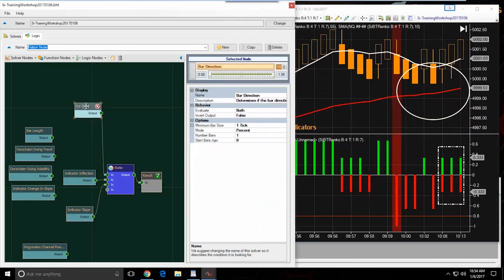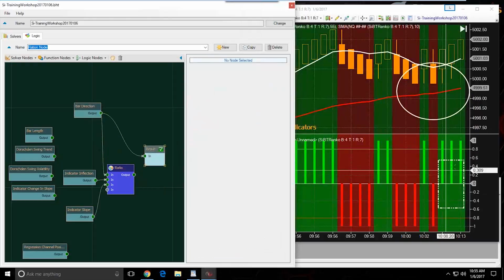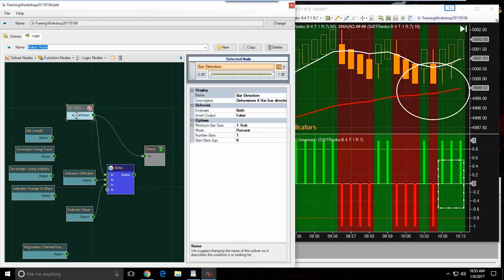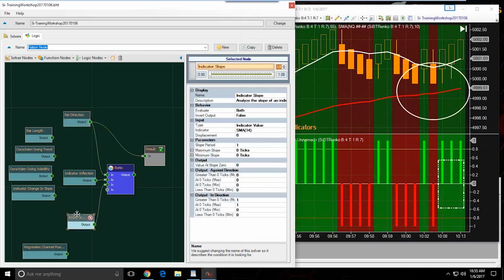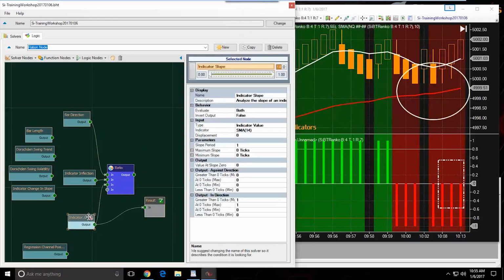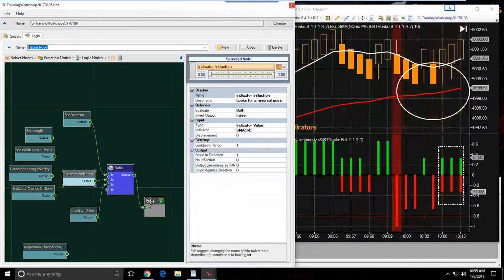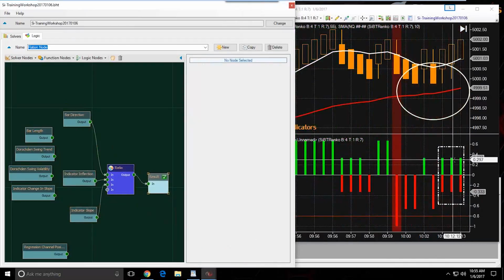So it's probably the bar direction giving us the long output, and I bet the slope solver, yep, the slope solver here at the bottom, you can see it's giving us a short output there, and the inflection solver has no output. So that's why we're getting a long and a short out at the same time.